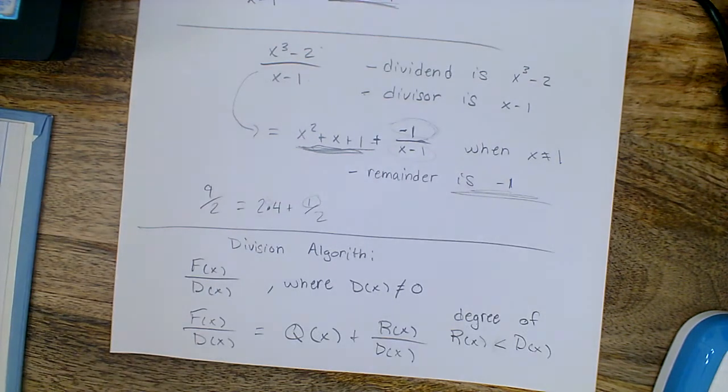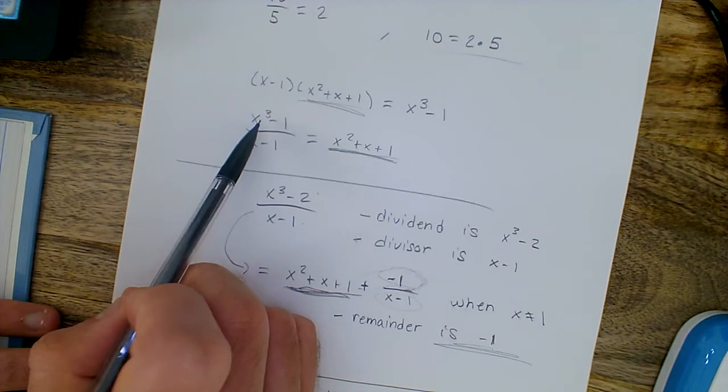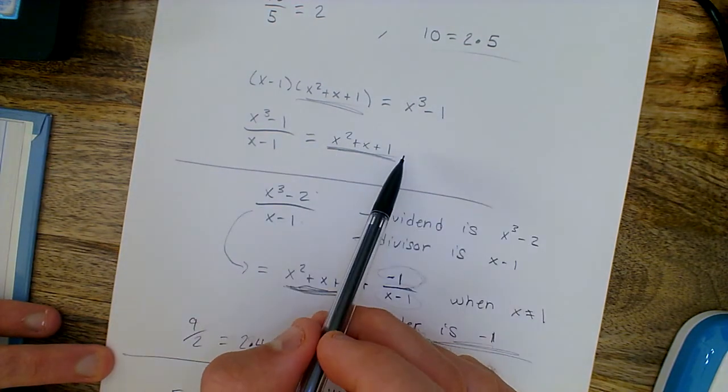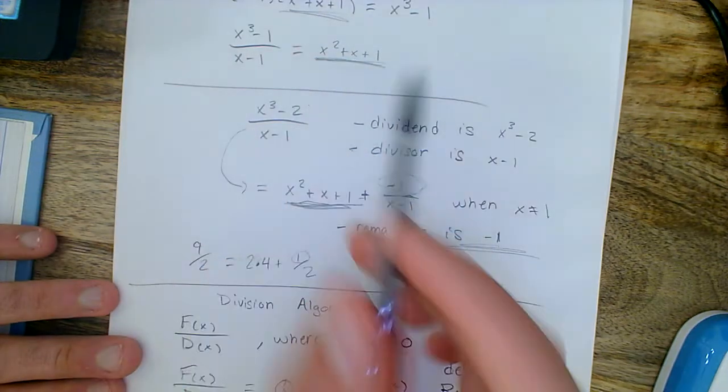Or it can be 0, right? Like in this example, when we had x cubed minus 1 divided by x minus 1, we didn't have an r of x because there's no remainder term, because we have just a polynomial left over.